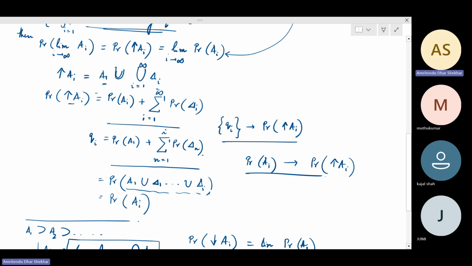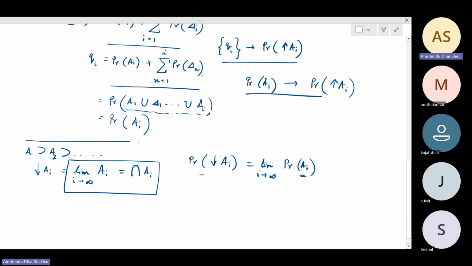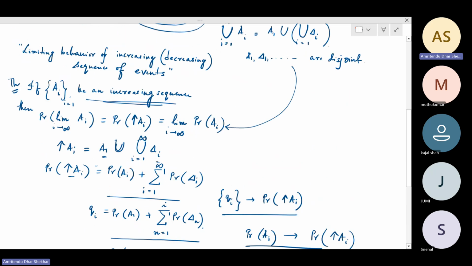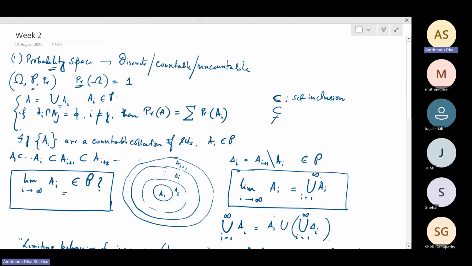So in a sense, this result and this result are duals of each other. Both these are very important results. You have to know them very well.